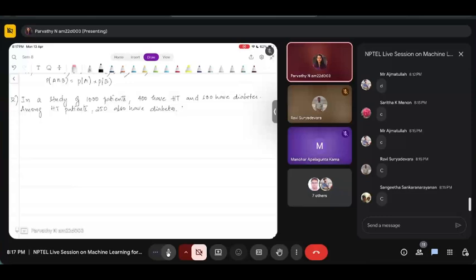What is the probability of diabetes given hypertension? 0.425, 0.525, 0.625, 0.725.